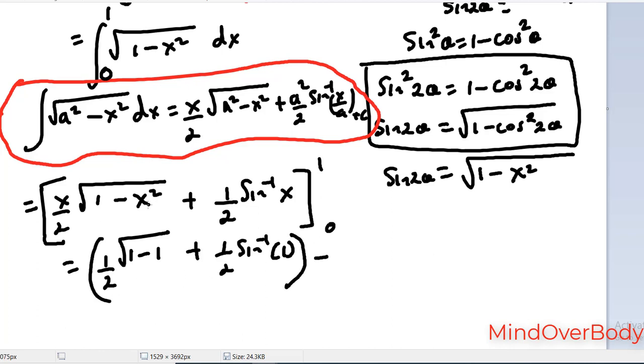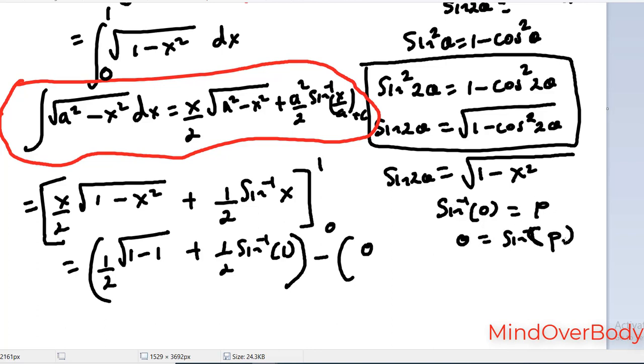If I substitute 0 in the first term, that would give me 0. If I substitute 0 over here, sine inverse of 0, what is that? Say sine inverse of 0 is equal to some p. This is going to be 0 is equal to sine of p, right? Sine inverse goes over there, sine of p.